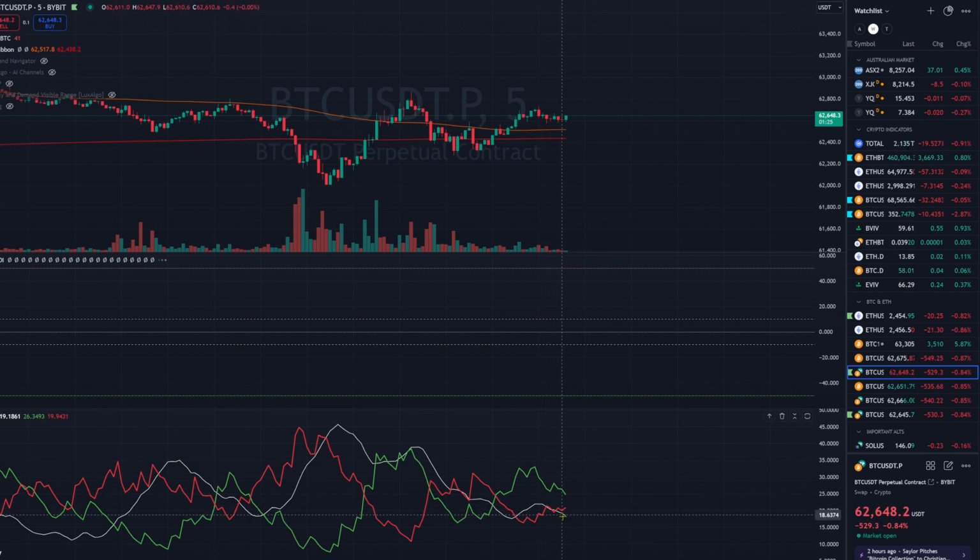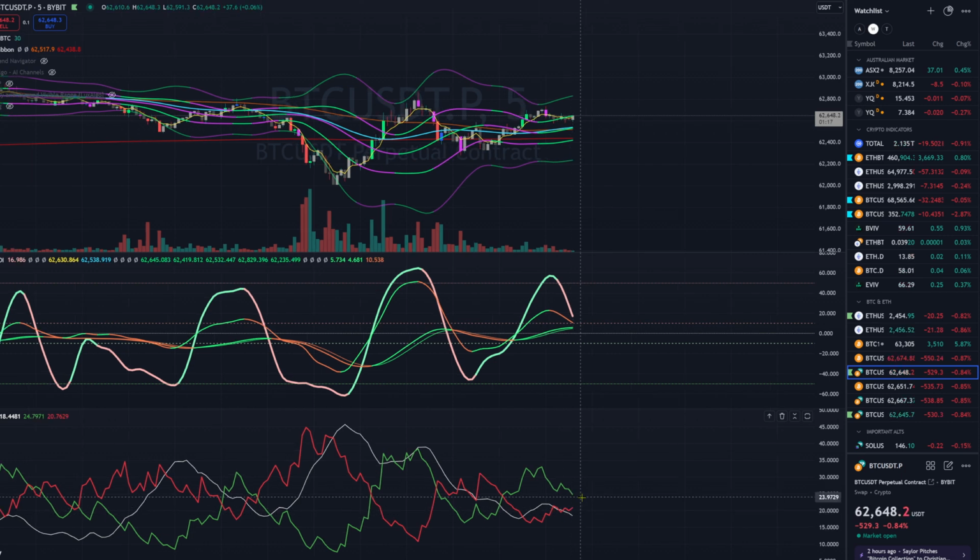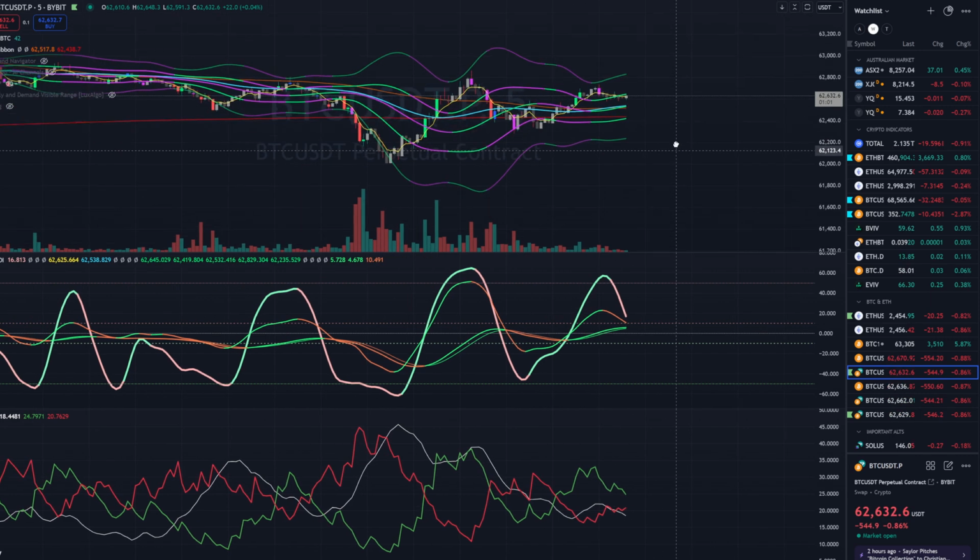Yeah, the 5-minute, that white line pulling back, you kind of want that to actually start trending up again with the green line above. That's probably what will happen, I would say, if we keep going up. But again, even the 5-minute is actually still trending up momentum-wise.